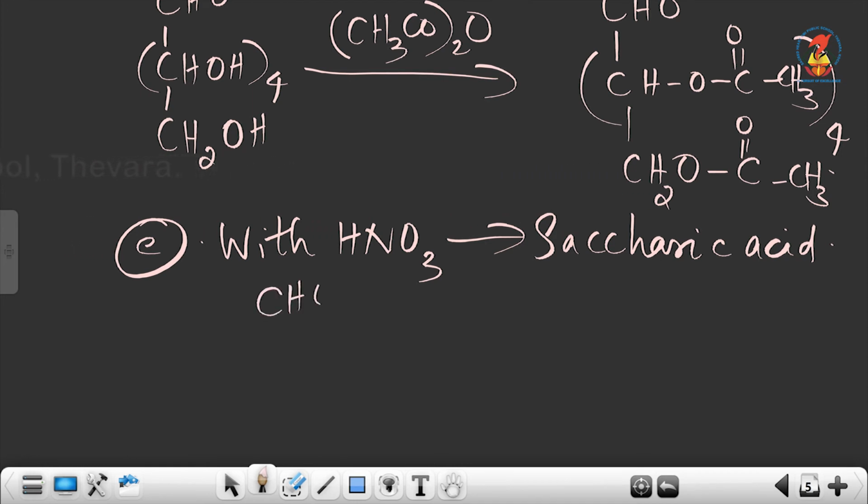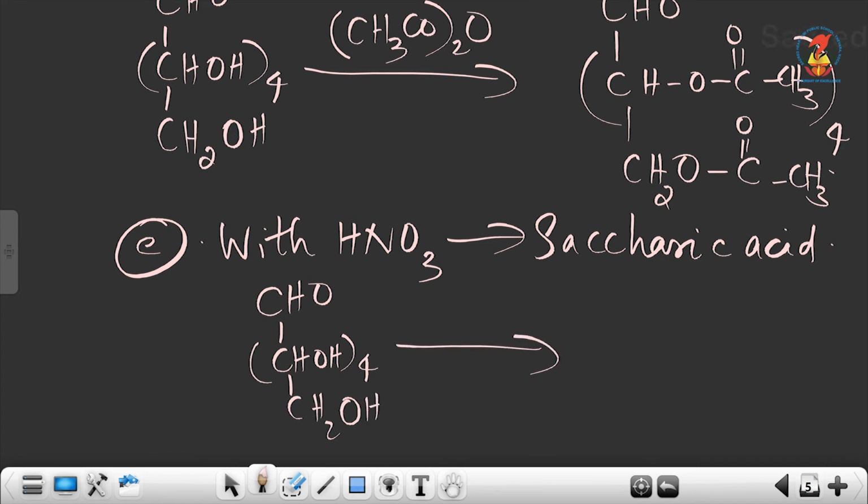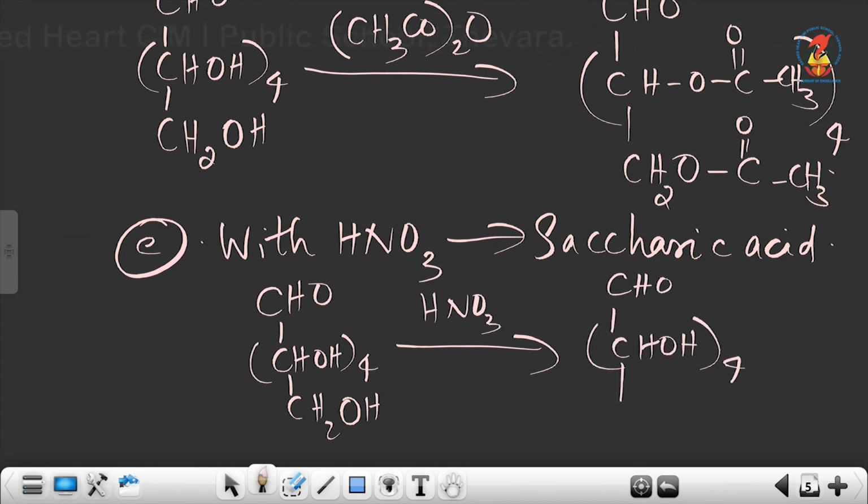So, how will we write the equation? CHO, (CHOH)4, CH2OH. On oxidation with nitric acid, you get the product as CHO remains as such, then (CHOH)4, then COOH.